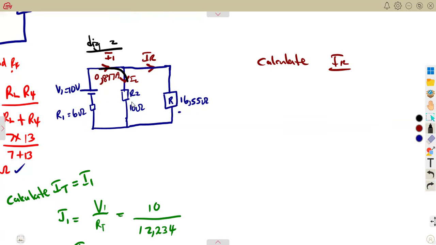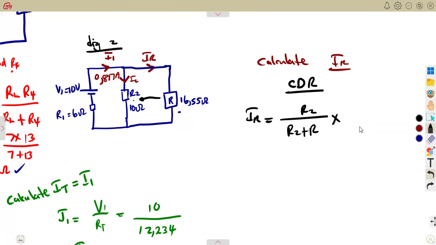One part enters I2, another enters this other part, as we are focused on this part, IR. So using the current divider rule, IR is going to use the opposite resistor. Remember I said use the opposite resistor, so it's going to be R2 over the sum of these two resistors, times the supply current, which is the total current I1.